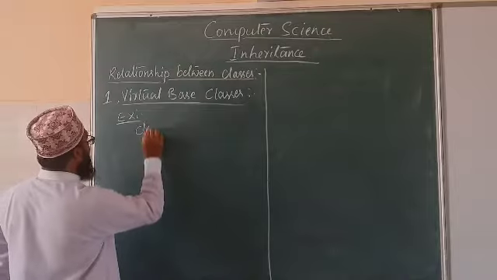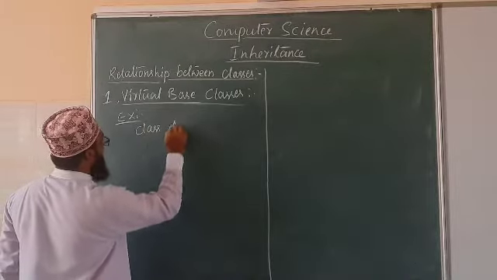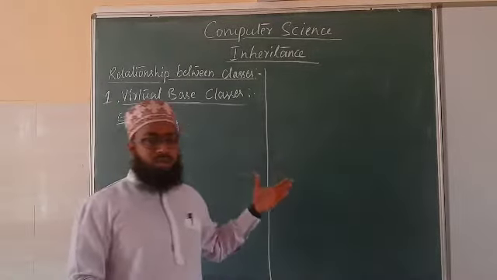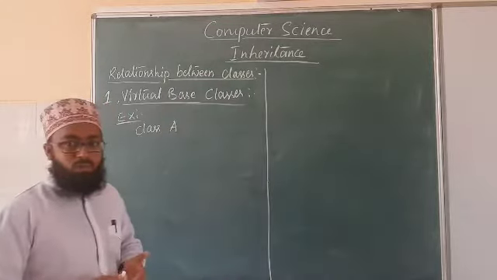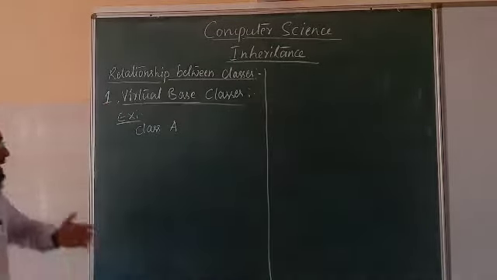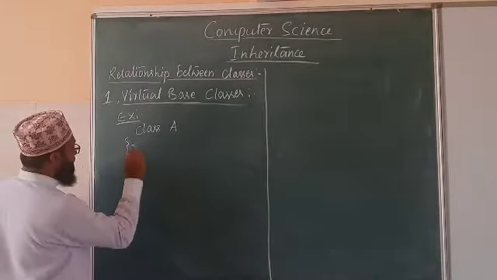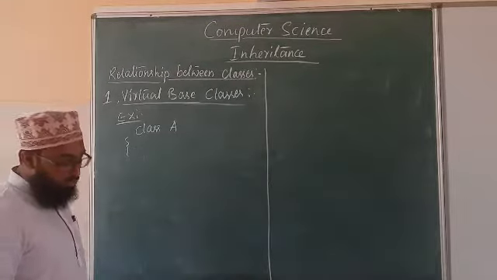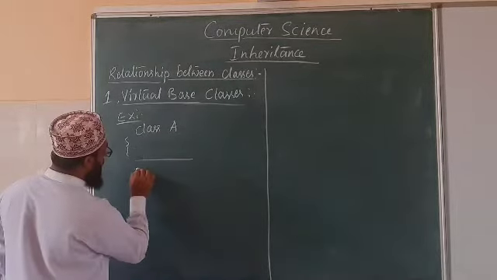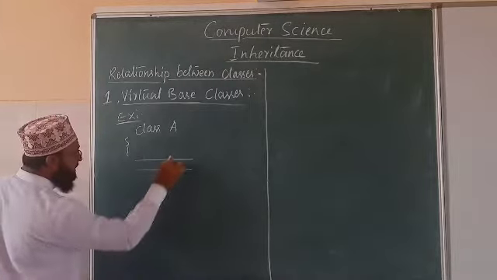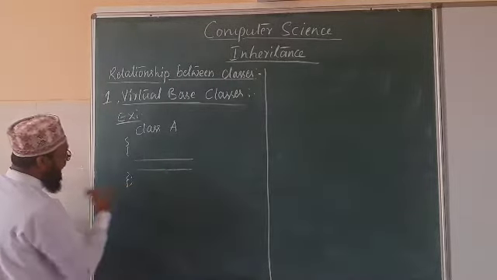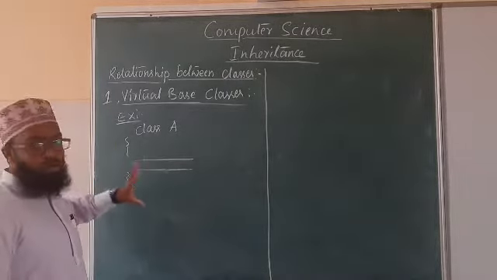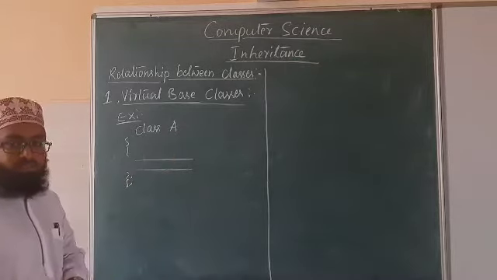This is a base class, that is A. Based on the diagram I have given, I will give you an example. Then open. After that, we need to write the access specifiers and functions. This is the base class.